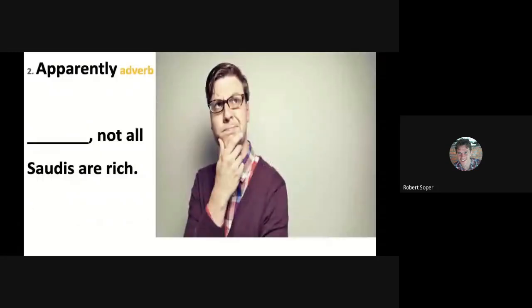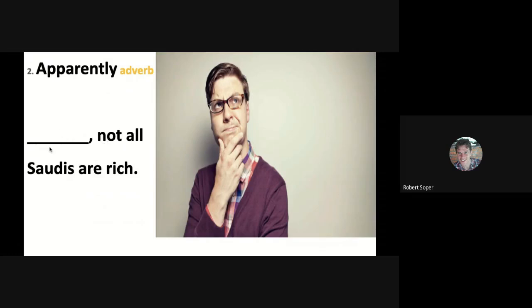Okay, let's look at this word, apparently. What does apparently mean? When we say apparently, we really kind of mean something seems to be true, or seemingly or allegedly. There are two synonyms for apparently, seemingly or allegedly. So apparently means seeming to be true. So you might put it in front of a statement like this.